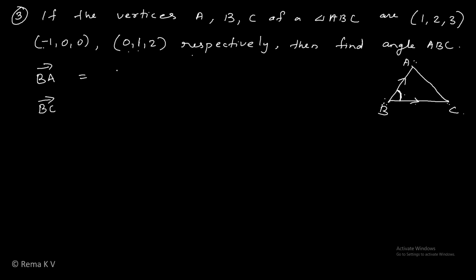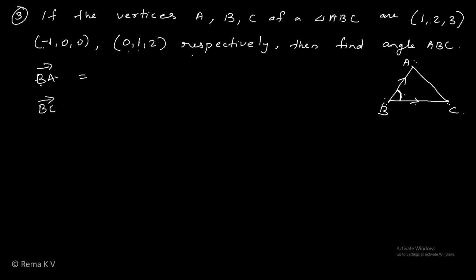The vertices are given here. So you have to write BA. Here the vertices of A and B are given. To find BA, this is to be taken as x2, y2, z2 and this is to be taken as x1, y1, z1.